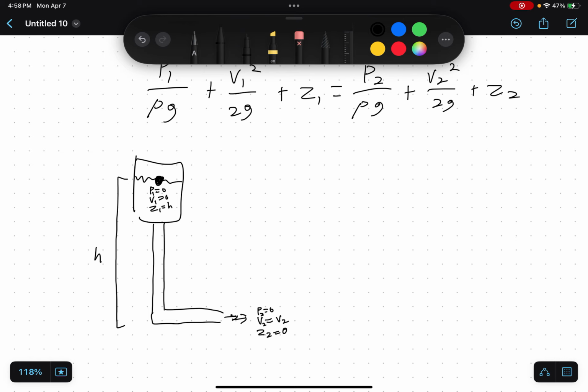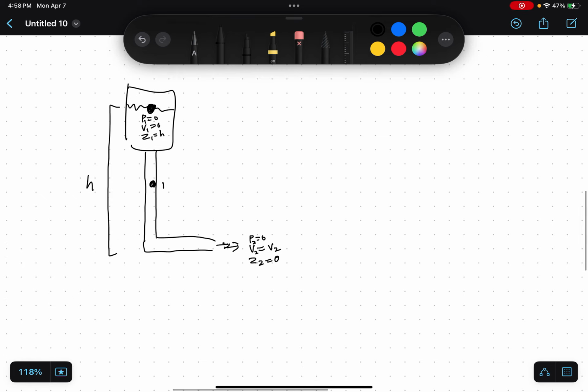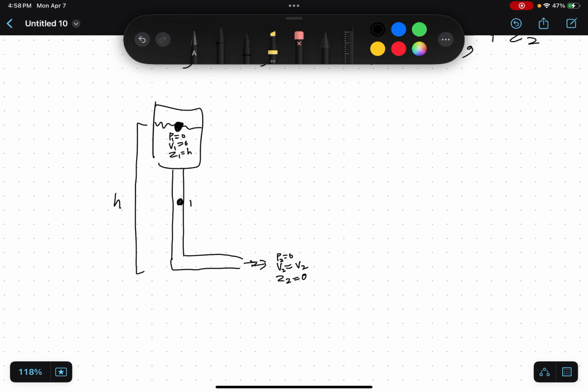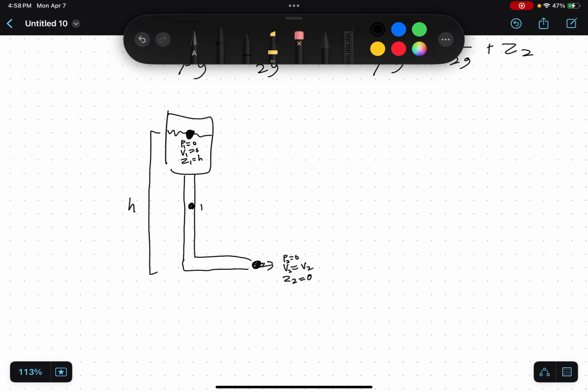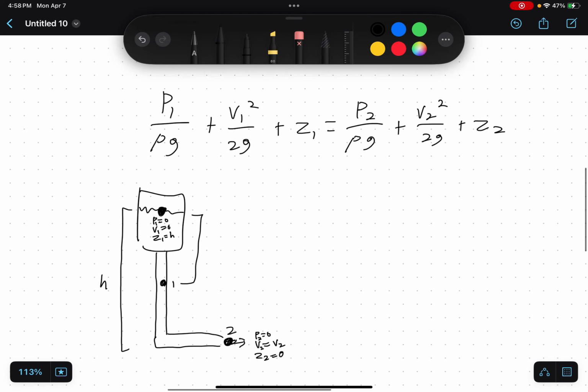The hardest part is picking points, because if you pick your point 1 right there and you keep your point 2 there, you're going to struggle because you're going to have a pressure here. We could literally use this equation to figure out this point and that point. Let's just do that, I guess, since I already dug myself in this hole.